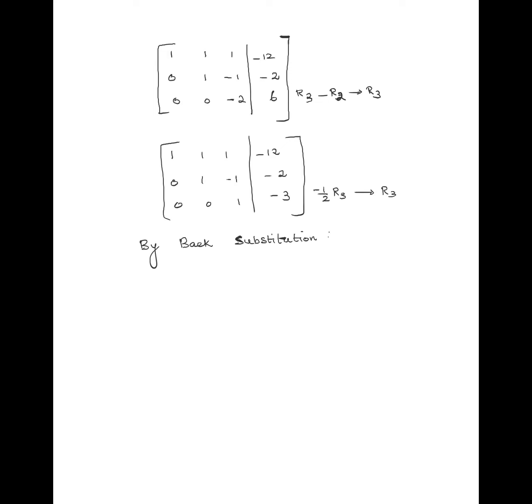We get the last one is going to be z equals negative 3. And the second equation is going to be y minus z equals negative 2. And then plug in negative 3 for z.